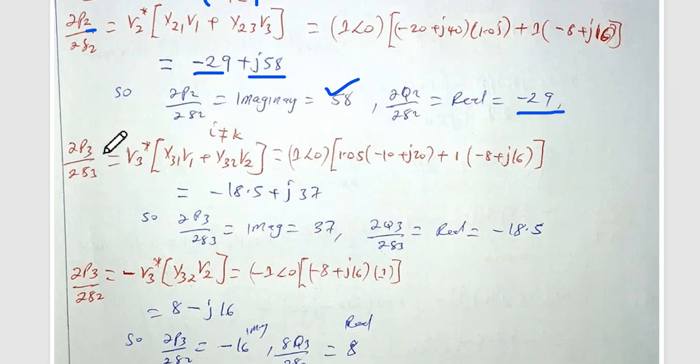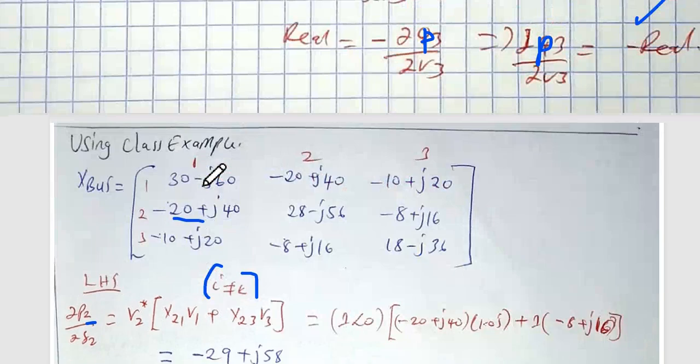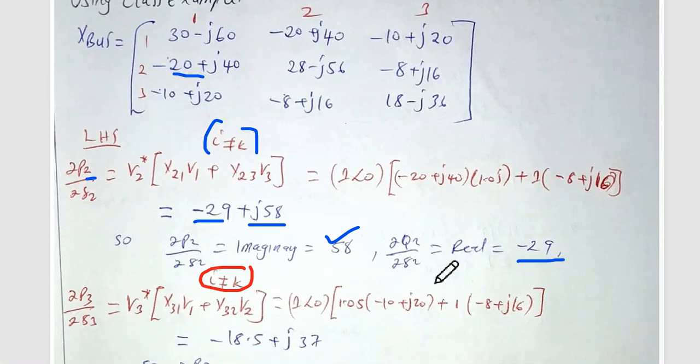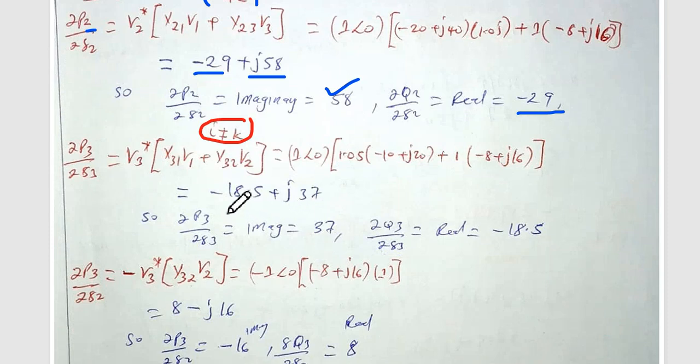Then we go to partial P3, partial del 3. Again, it is positive V3 conjugate into Y31 V1 plus Y32 V2. Remember, this condition has to be obeyed, I is not equal to K. It's 1 angle 0 into V1 is 1.05, Y31 is this, Y32 is this, and you get real and imaginary.